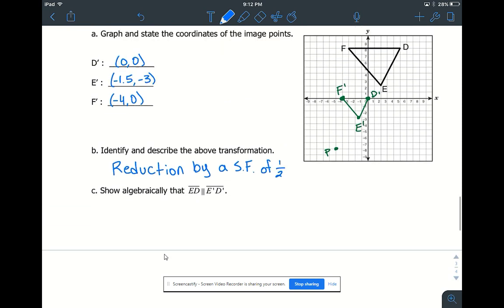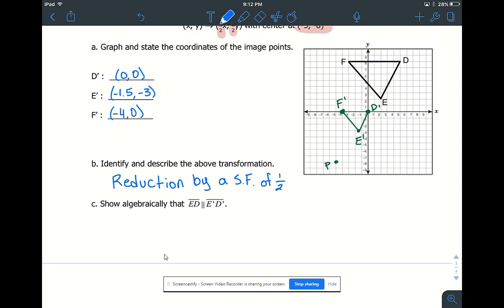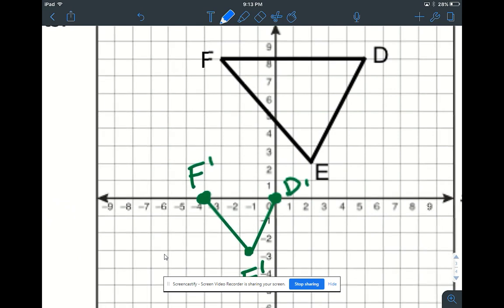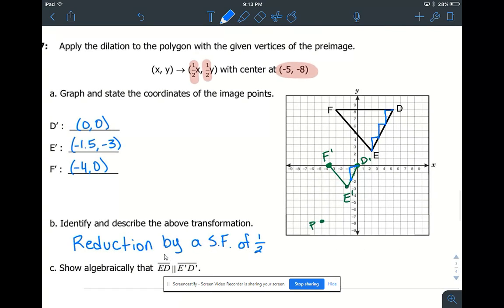So we need to figure out if these 2 segments have the same slope. That will prove that we've got parallel segments. So ED, its slope, it looks like, is 2/1. And then E prime D prime looks like it's 2/1 as well.